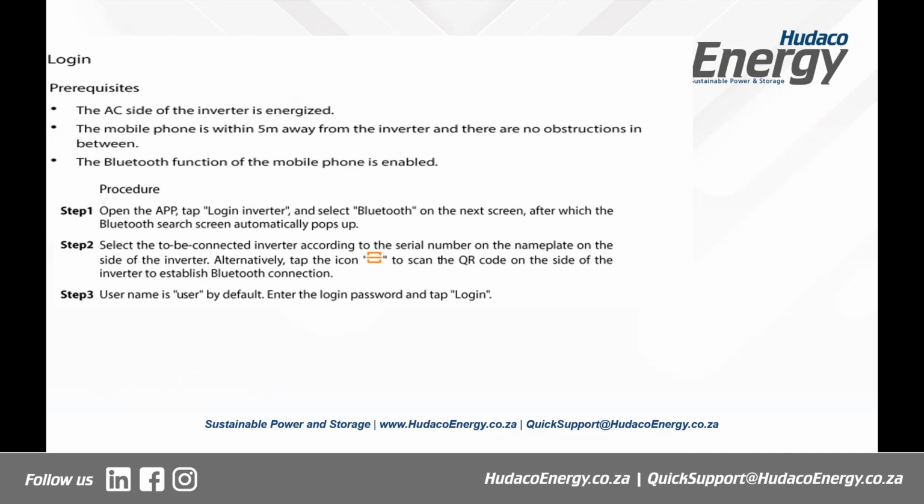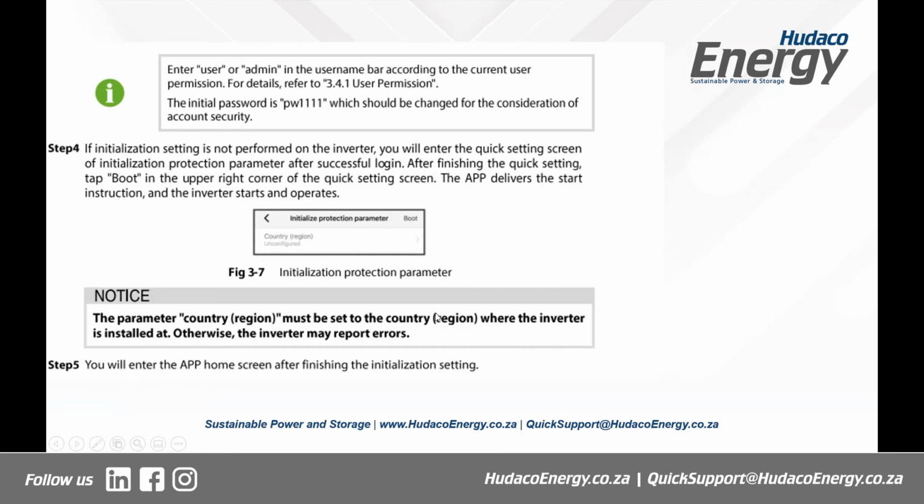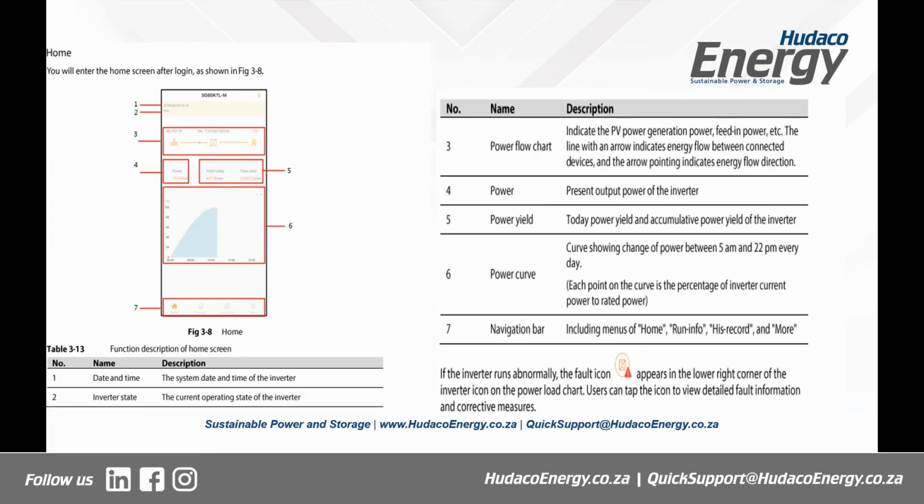Or you can alternatively click the icon which is shown here and scan the QR code without actually searching for that. And then the default username is user. And then you enter the login password and you tap login. Like I said earlier on, the password is PW and 4 ones. Then you set your country, region, and everything else. Then it will initialize.